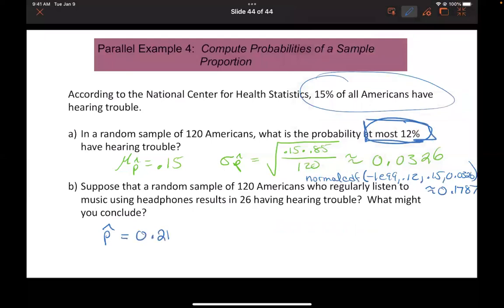Okay. Normal CDF. Sorry, I keep going off the edge of the screen. And sorry for my cough.